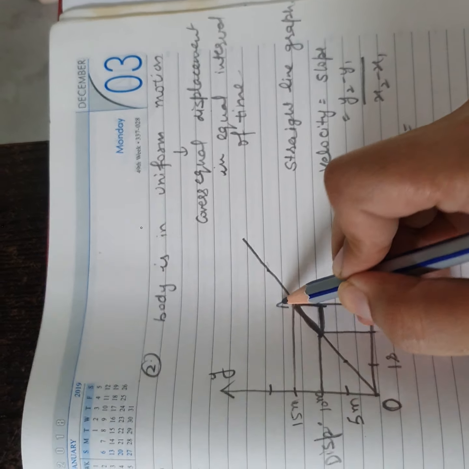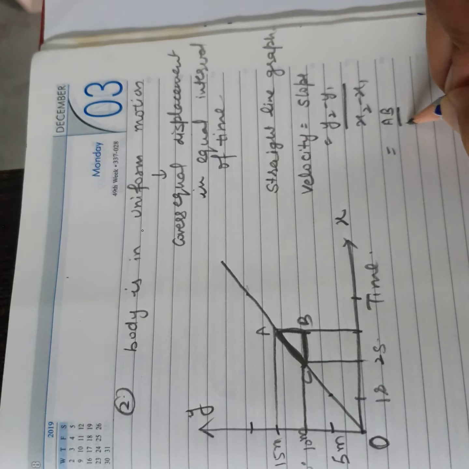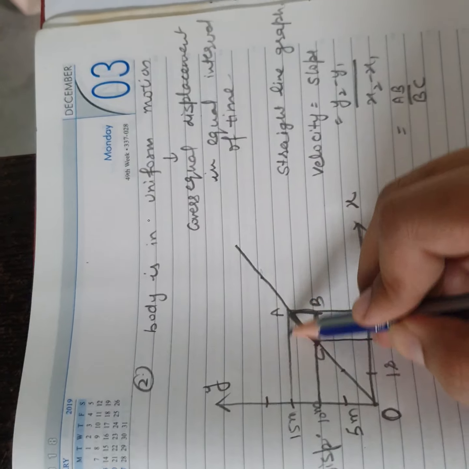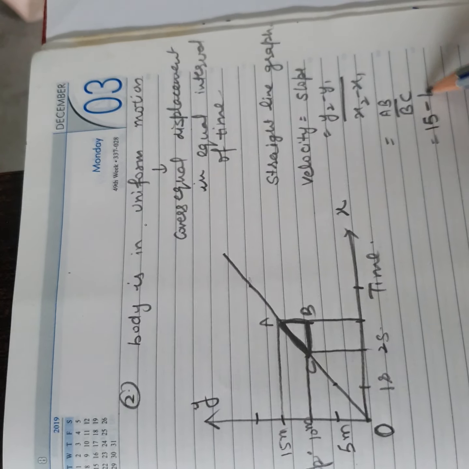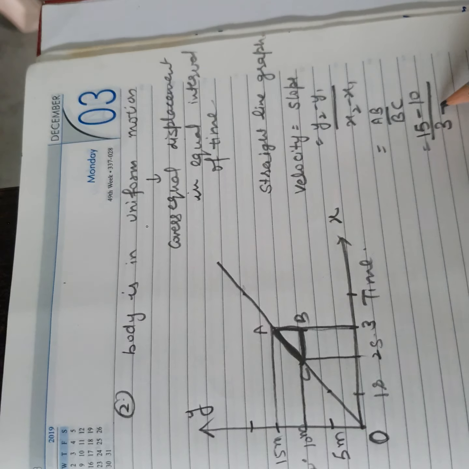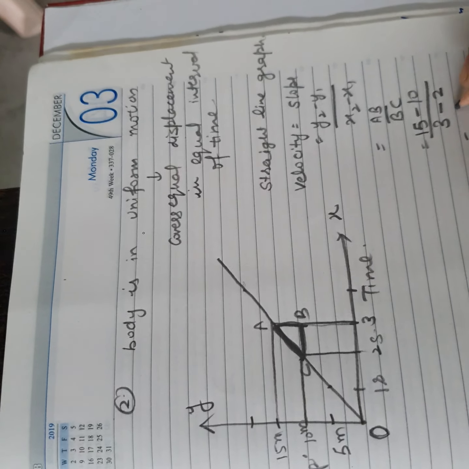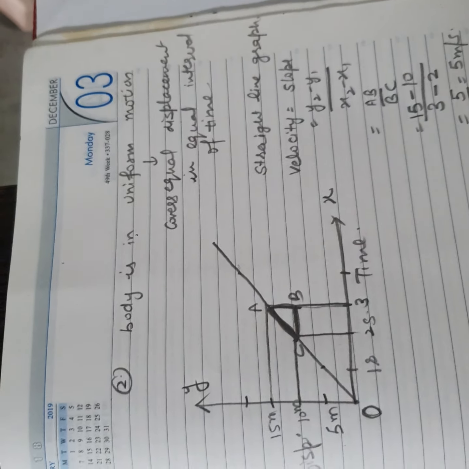For that, a, b, c, the formula is ab by bc, where y2 is 15, y1 is 10, x2 is 3, x1 is 2. So 5 by 1, the answer is 5 meter per second.